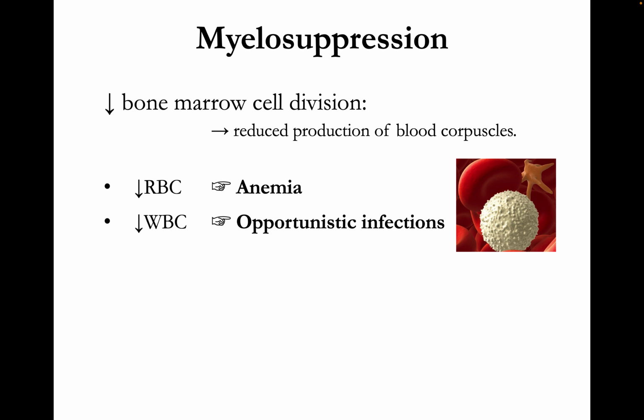Often we use filgrastim or pegfilgrastim in these patients. Life-threatening spontaneous hemorrhage or bleeding can result from chemotherapy-induced thrombocytopenia, that is, decrease in platelet production. Often we use oprelvecin or eltrombopag in these patients.